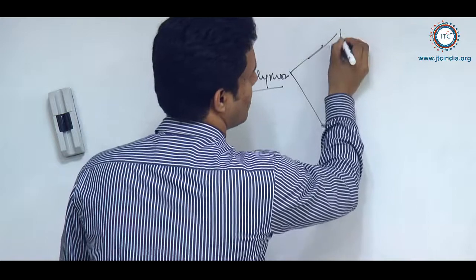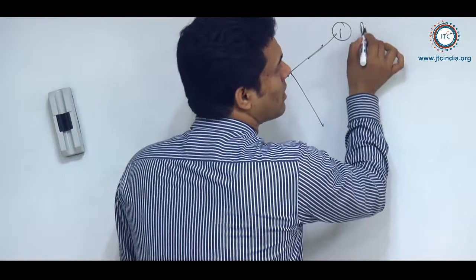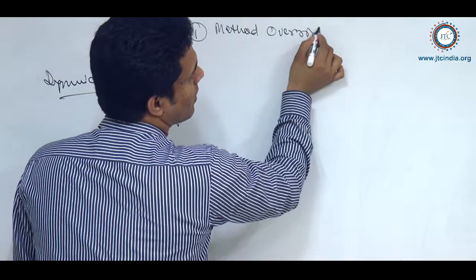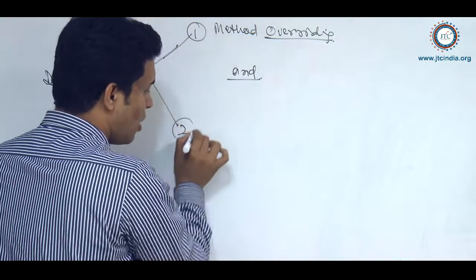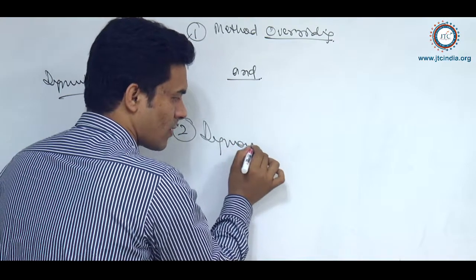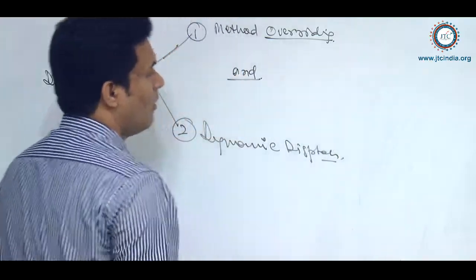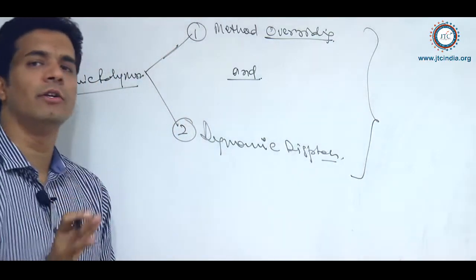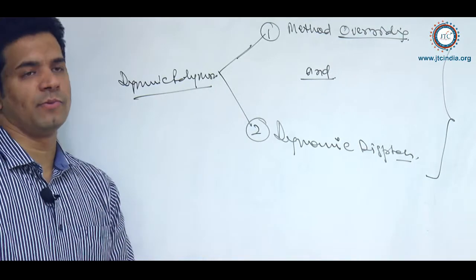Number one is method overriding, and the second is dynamic dispatch. Combining them, you will be able to achieve runtime polymorphism or dynamic polymorphism.